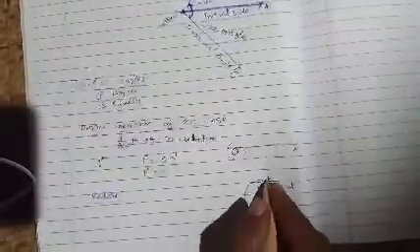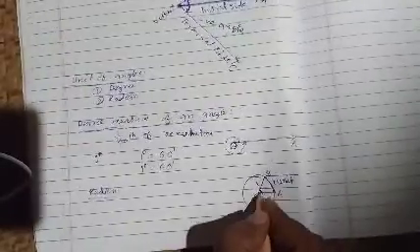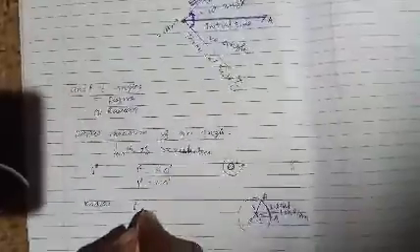The arc AB of unit length subtends an angle at the center of the unit circle, and this angle is called 1 radian. 1 radian angle is denoted by 1 to the power c.